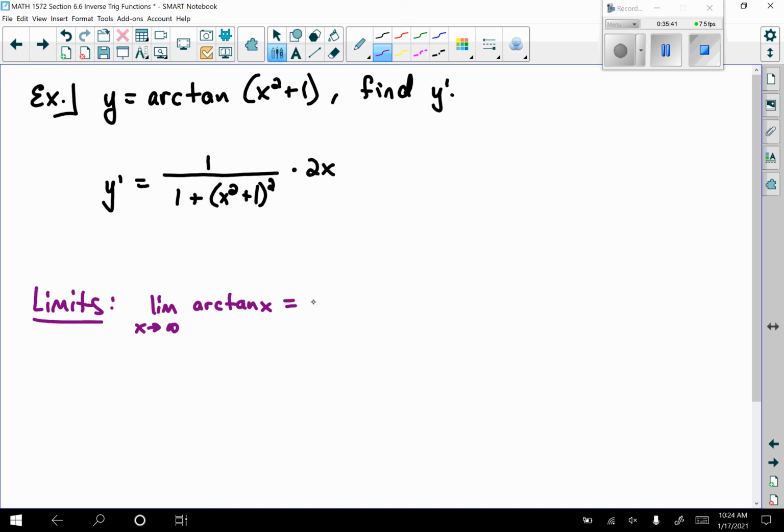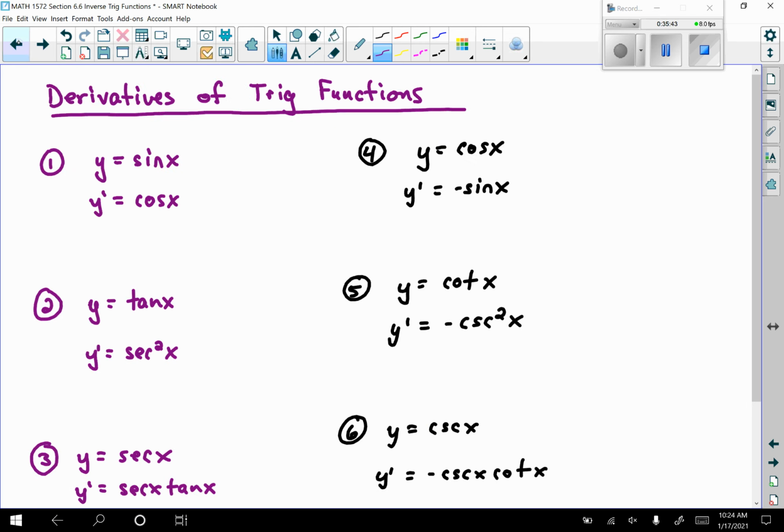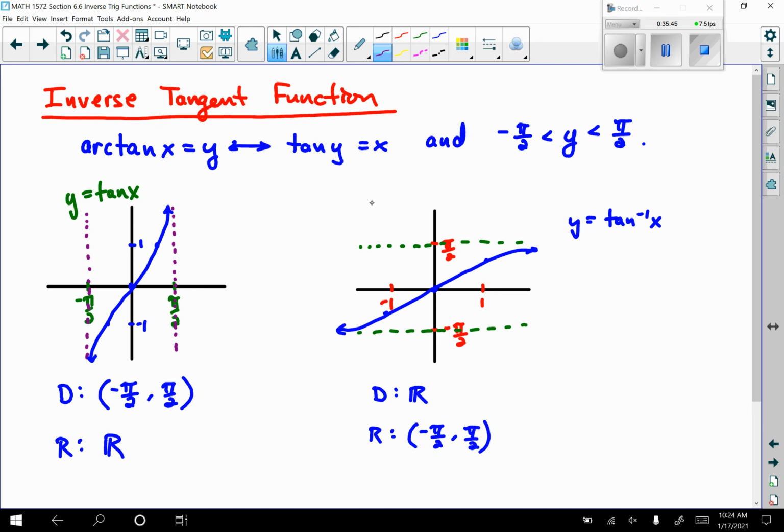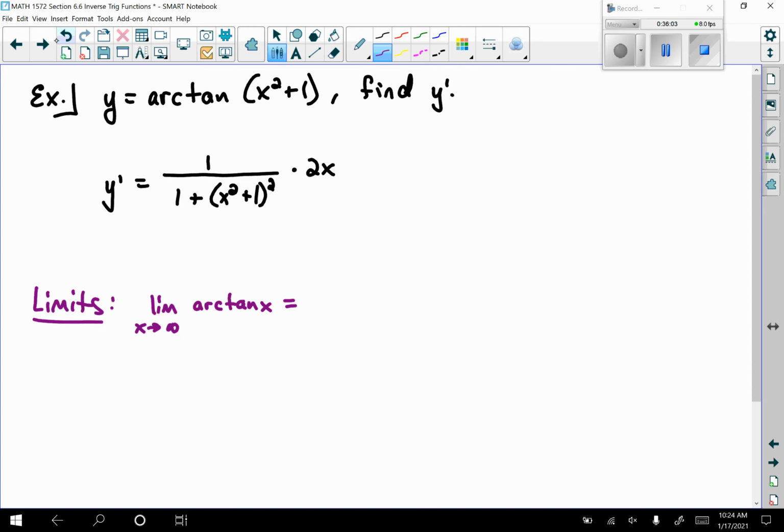So let's go back to the graph. We're looking at this graph over here, y is equal to arc tan x, or the inverse tangent of x. So as x keeps increasing without bound, we have this horizontal asymptote up here. As we keep going this way, our graph is just getting closer and closer to the value of pi over 2. So that's what that's going to become.